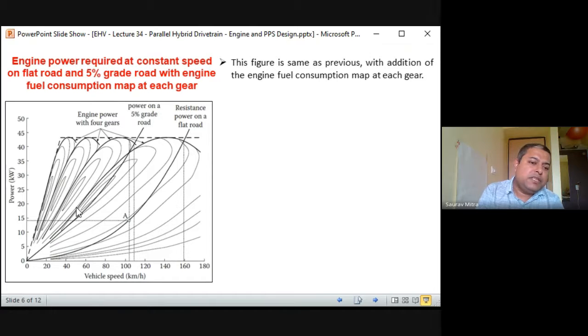So in the fourth gear, if this point is around 55 and this point is around say 80, what I understand from these internal contours, the fuel consumption contour, is that if in fourth gear I'm driving my vehicle within 55 to 80 kilometers per hour, then I will be getting maximum fuel efficiency from the vehicle. That is what these graphs indicate.